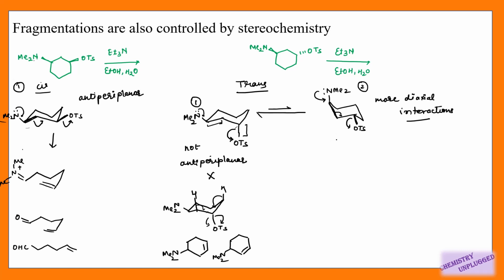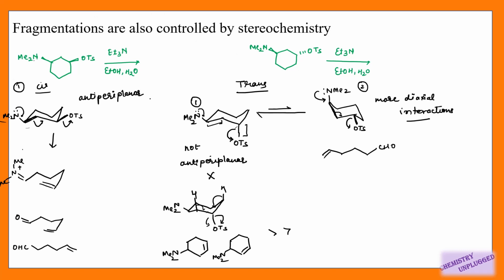So it can break and we can get a fragmentation product, a product similar to this one, but the amount of this product is much less compared to this one. This one is much higher, because this form is less favorable. That is why the fragmentation is also less favorable for this molecule.